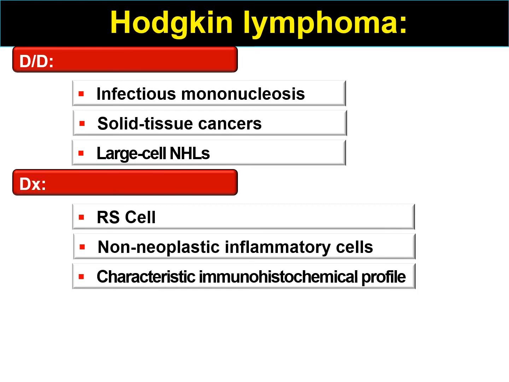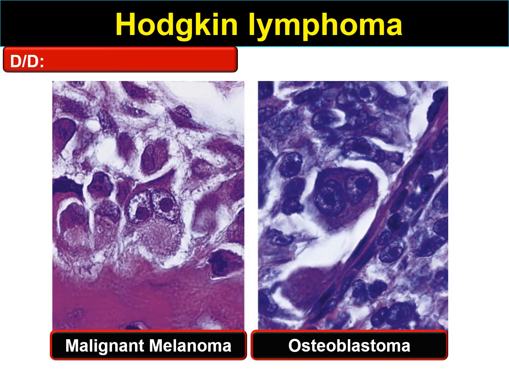The diagnosis of Hodgkin lymphoma depends on presence of Reed-Sternberg cell, non-neoplastic inflammatory cells, and characteristic immunohistochemical profile. These photomicrographs are showing the Reed-Sternberg cell or Reed-Sternberg-like cells that are present in malignant melanoma or osteoblastoma.